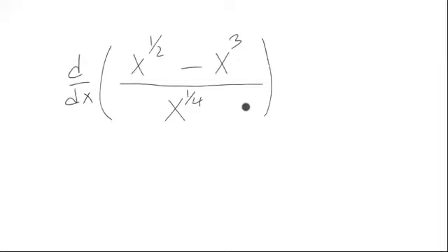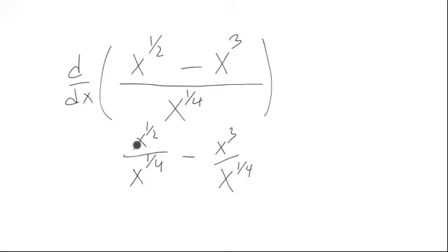Well, let's simplify this and rewrite it so it's the sum or the difference of two things where we can apply the power rule. We can unadd fractions, because this is a common denominator, just split it into two parts here. X to the 1/2 minus x cubed over x to the 1/4.